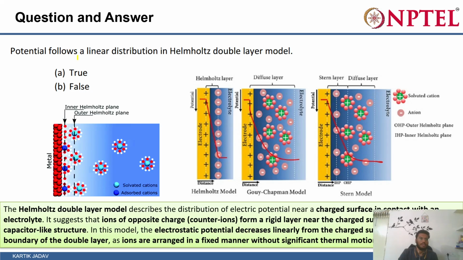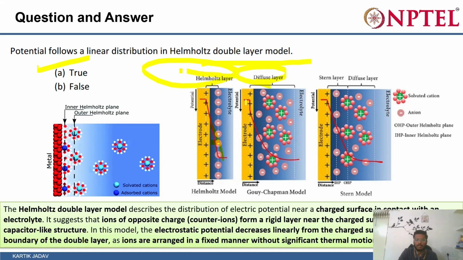Potential follows a linear distribution in the Helmholtz double layer model. So this is the correct option, right? This is the Helmholtz layer. You can see the potential follows a linear distribution between these two layers. While in the case of the diffuse layer, there are two layers, the Stern layer and the diffuse layer.